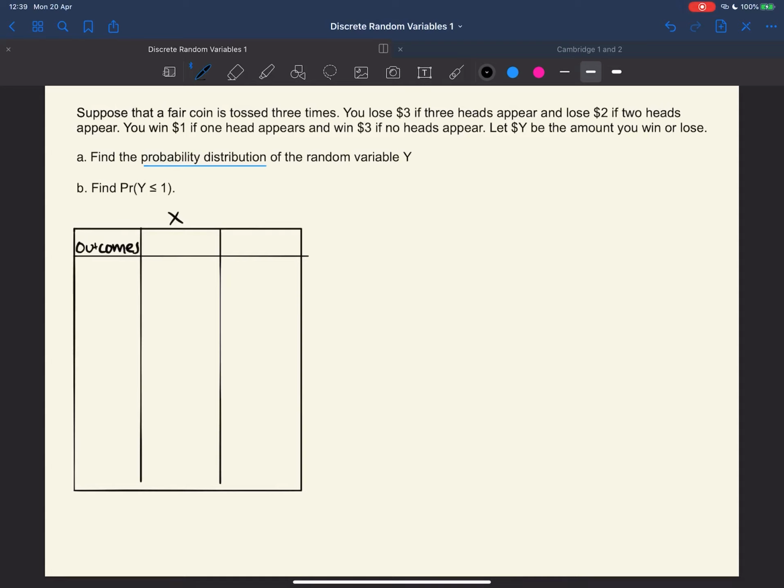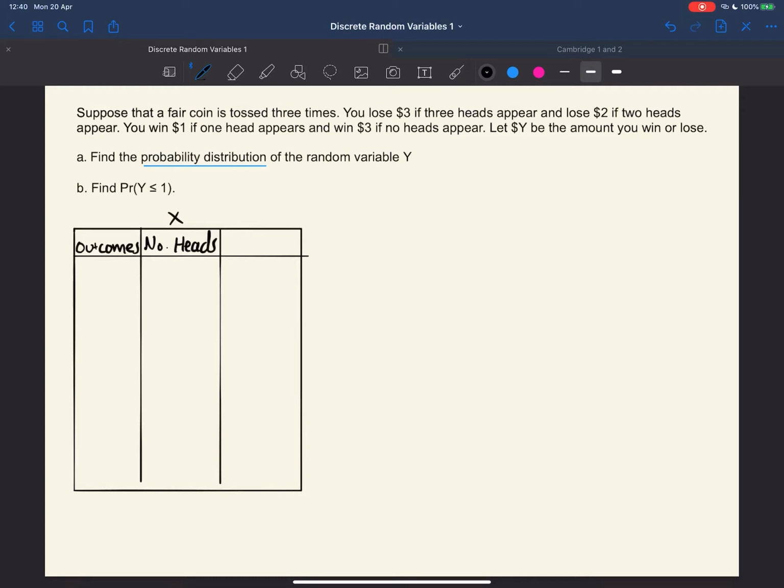We could do the number of tails, but we're not interested in tails, are we? This is heads. So it's the number of heads. What are the possible number of heads that can occur by flipping a coin 3 times?